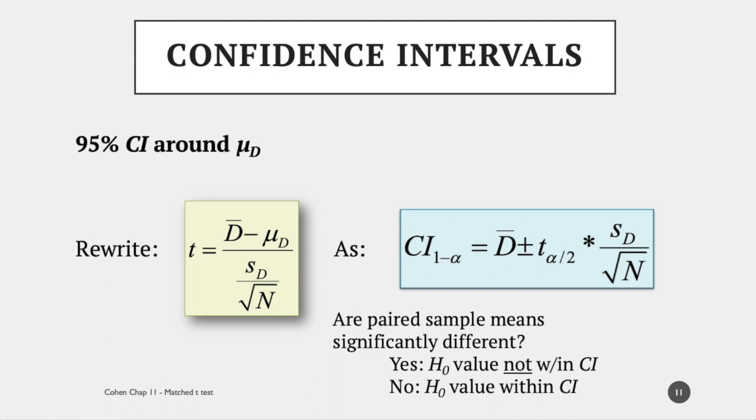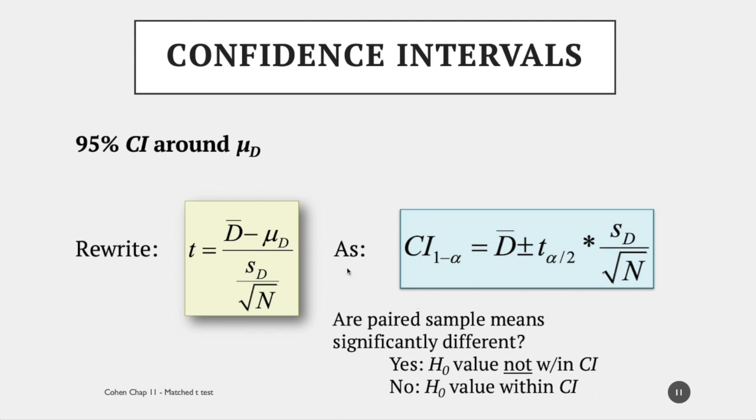So when it comes to confidence intervals, again, we're working with the difference scores. So we have the mean of the difference scores, and then it's going to be plus or minus the critical t related to the difference scores, times the standard deviation of the difference scores divided by the square root of n.